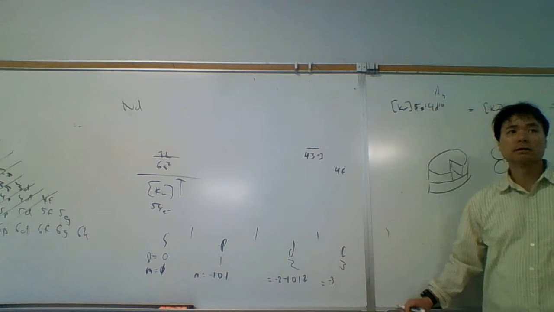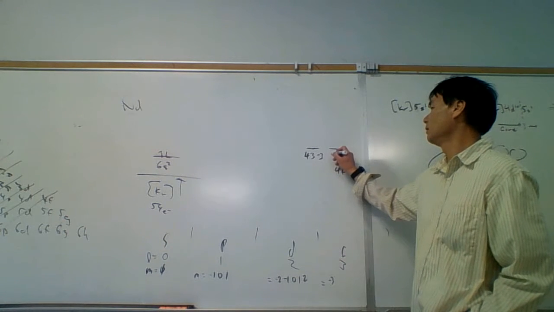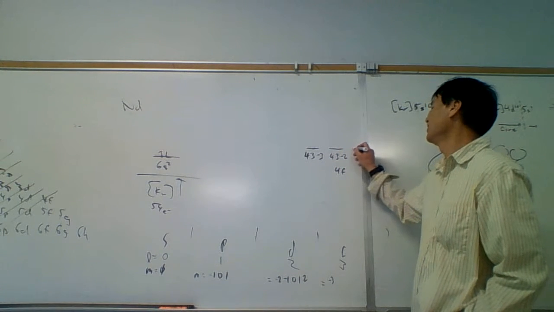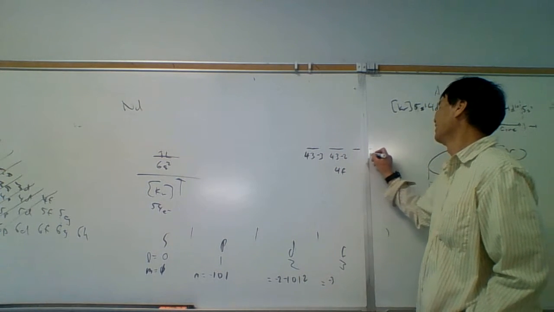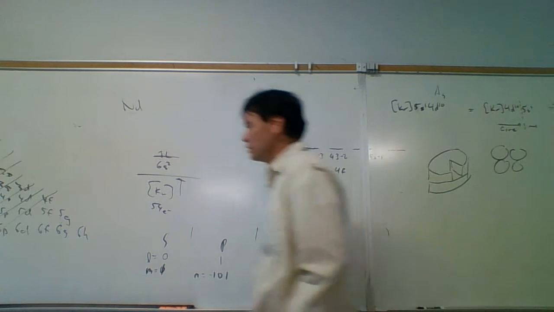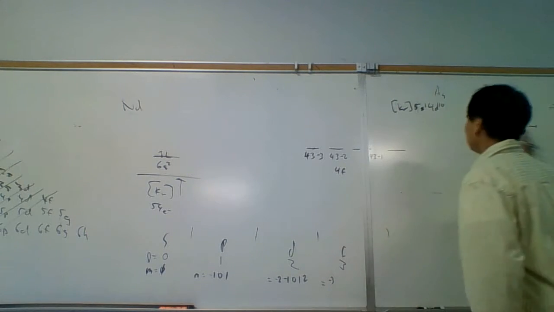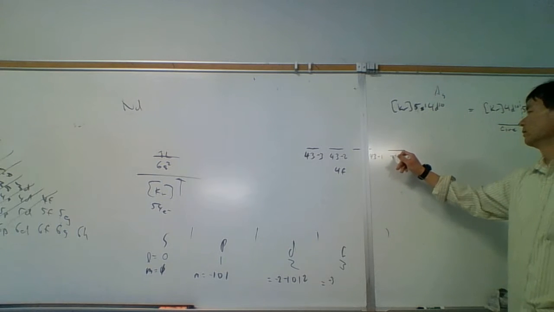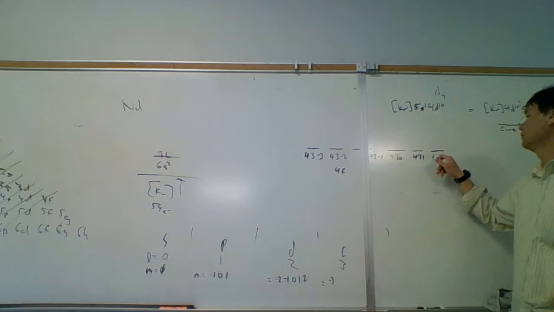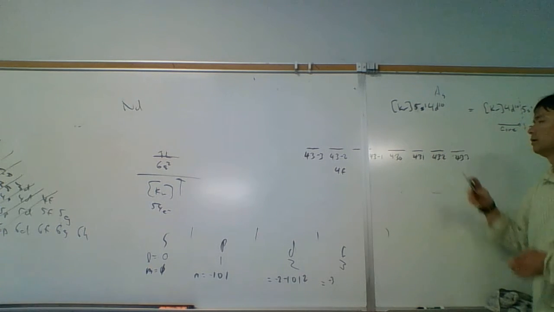What comes next? The next one will be 4, 3, -2, followed by 4, 3, -1, followed by 4, 3, 0, followed by 4, 3, 1, 4, 3, 2, 4, 3, 3.